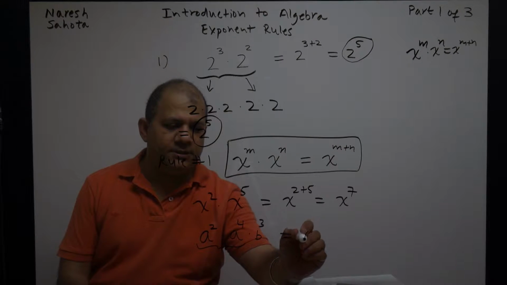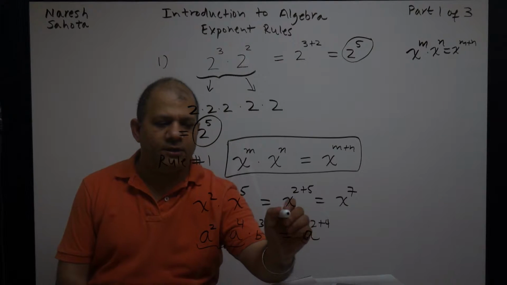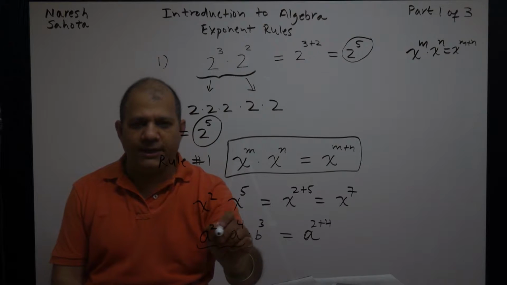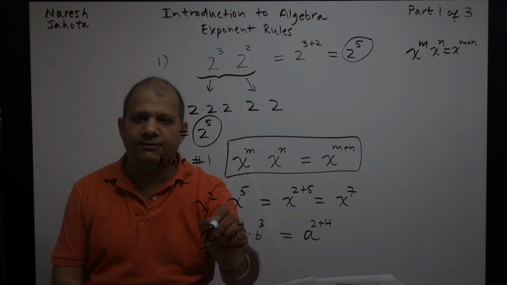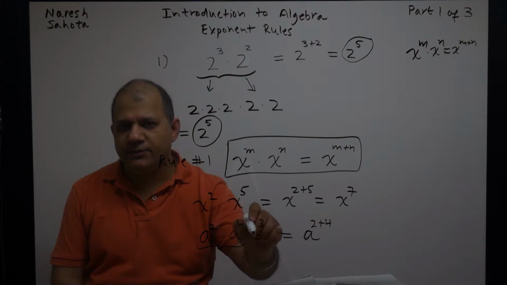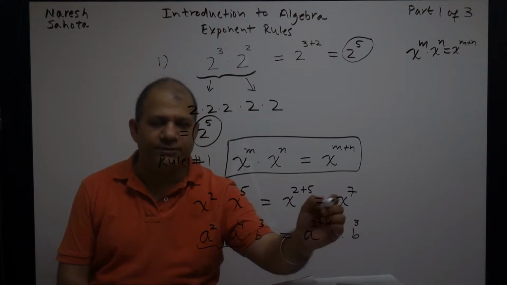So when we multiply with same bases, only then the exponents get added. So what we're going to get is a to the 2 plus 4. So we're multiplying the same base a, so we add their exponents, 2 plus 4. And what do we do with b to the 3? We copy it. It just gets multiplied as b to the 3.